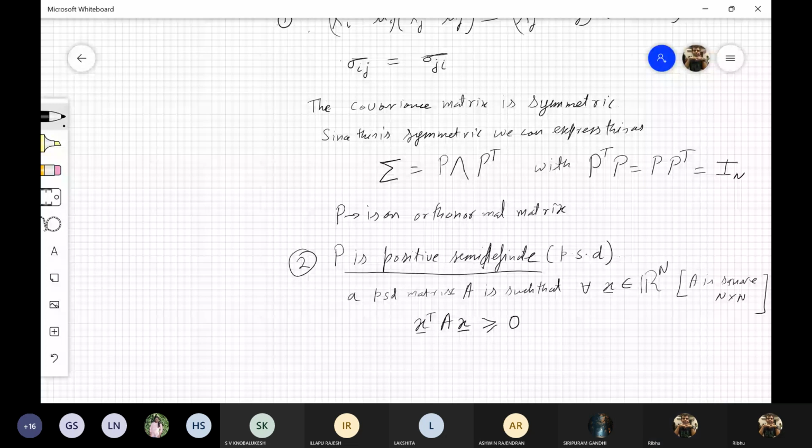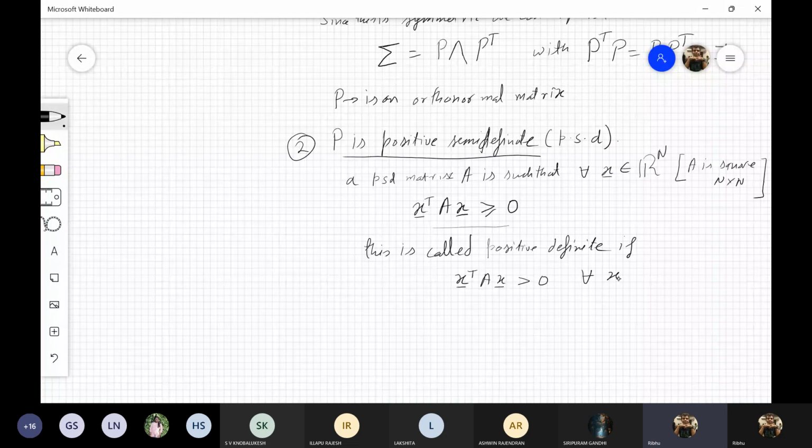This is called positive definite if x transpose A x is greater than 0 for all x not equal to 0.